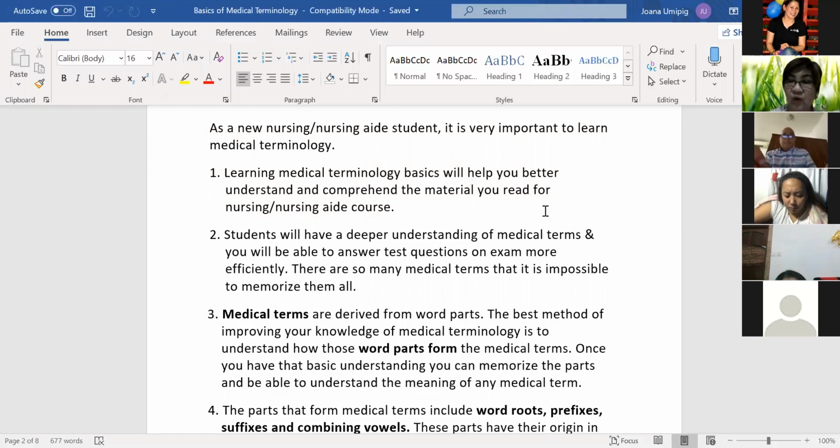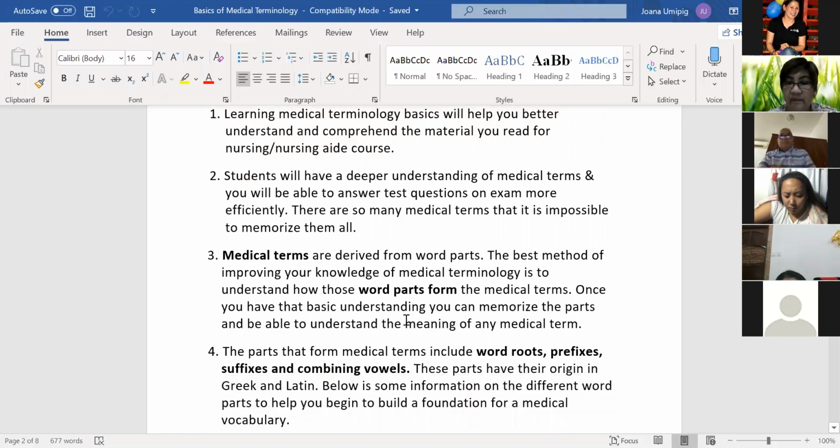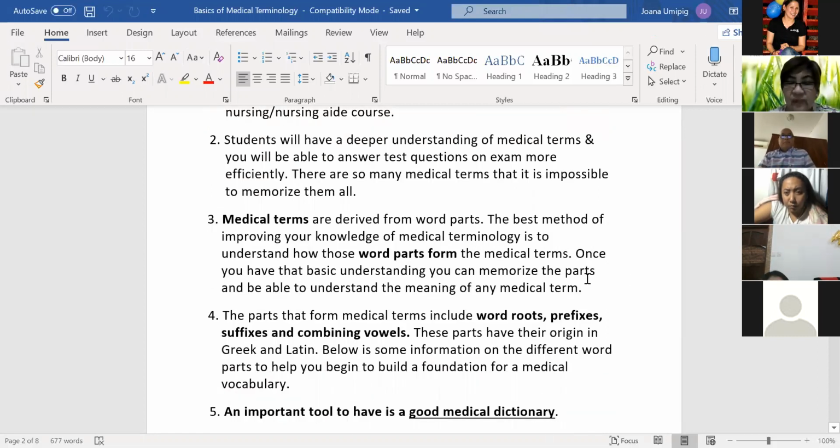Kasi doon may mga root words na kailangan nating magdagdag o doon magdagdag sa huli o doon sa umpisa. Medical terms are derived from word parts. The best method of improving your knowledge of medical terminology is to understand how those word parts form the medical terms.